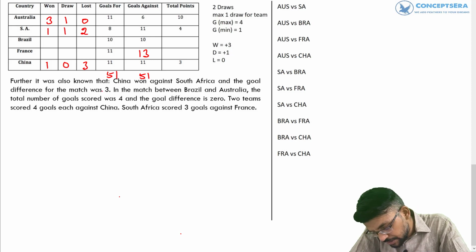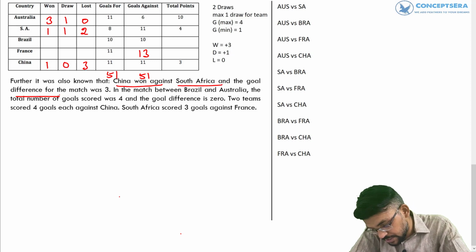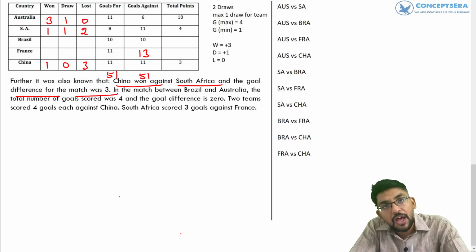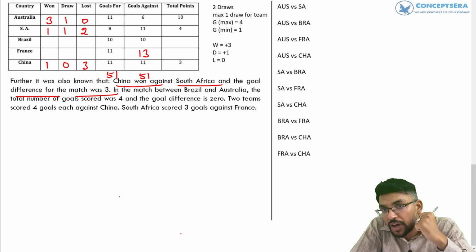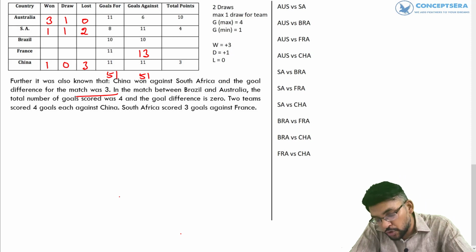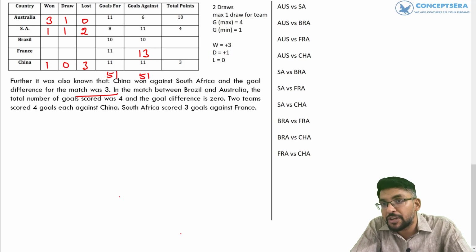They are saying, further it is also known that China won against South Africa and the goal difference in the match was 3. Now we know the maximum possible goals for or against will be 4 and the minimum possible will be 1. So when the goal difference is given to us as 3, it means the difference between goals for and goals against.